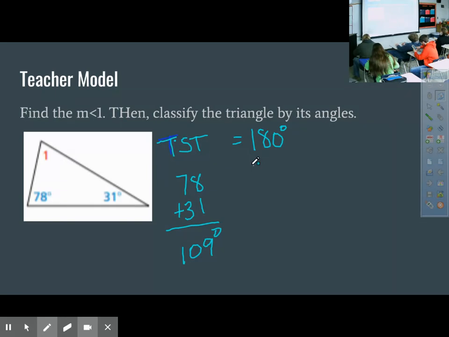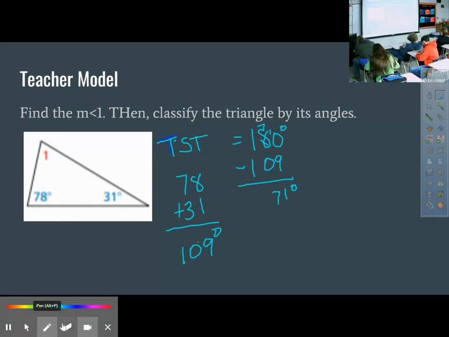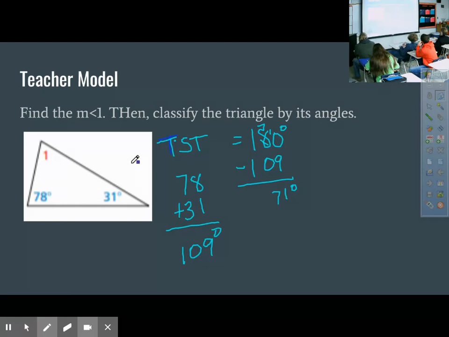So what I would do is 180 minus what I already have, which is 109. 10 minus 9 is 1, 7, 71 degrees. So I need 71 more degrees to make it 180. So that means the measure of angle 1 is 71 degrees. Okay, that's this angle right here.